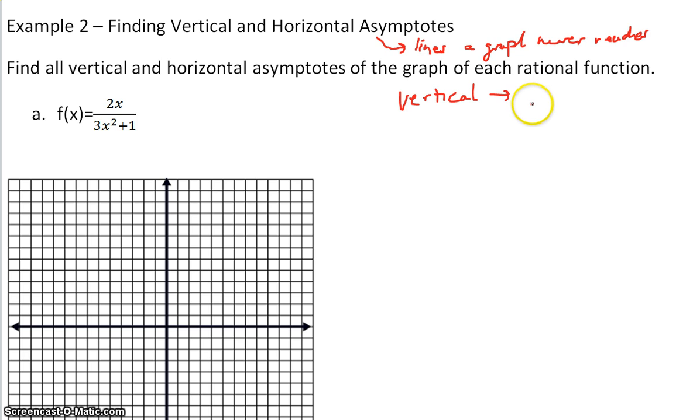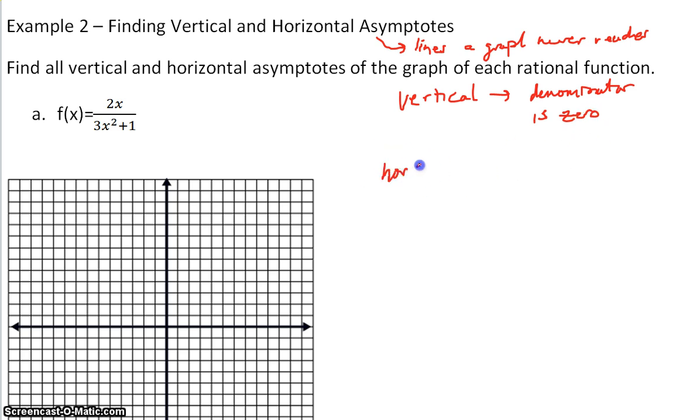So the only place that happens that you don't get answers that exist is where the denominator is 0. Okay? So find out where the denominator is equal to 0 and you get the vertical asymptotes.